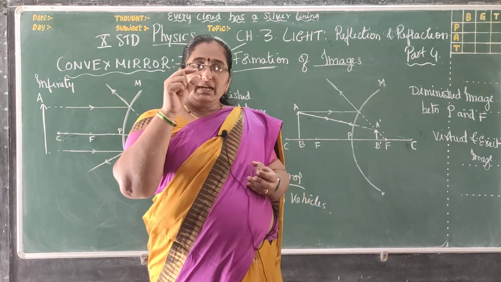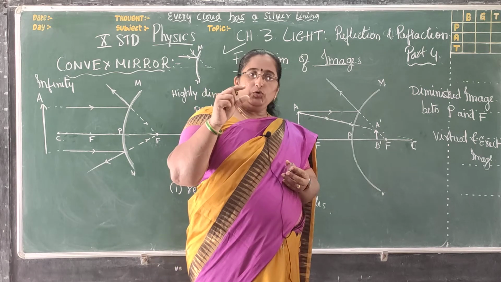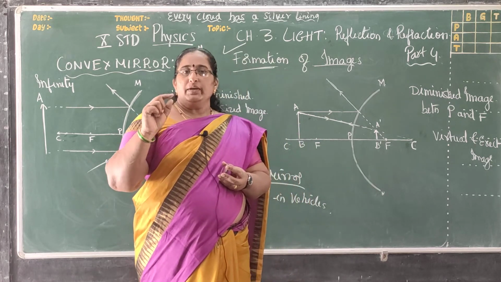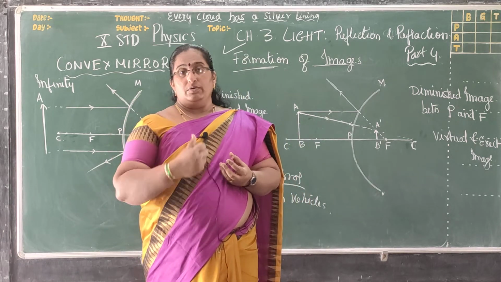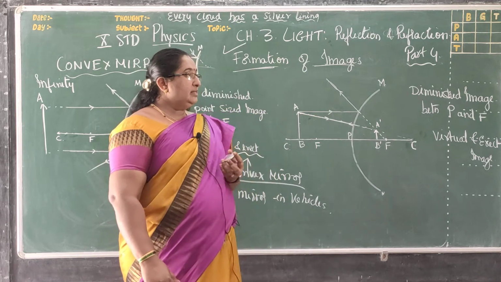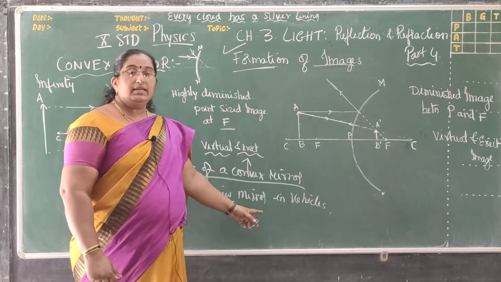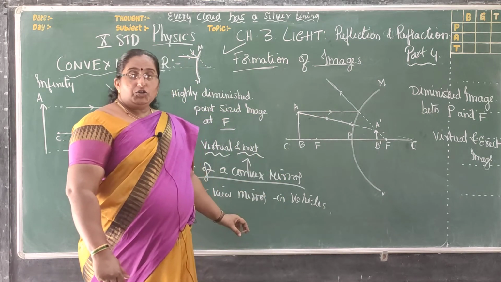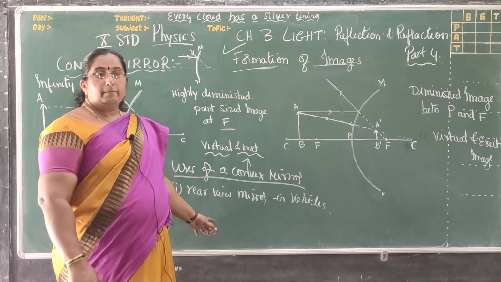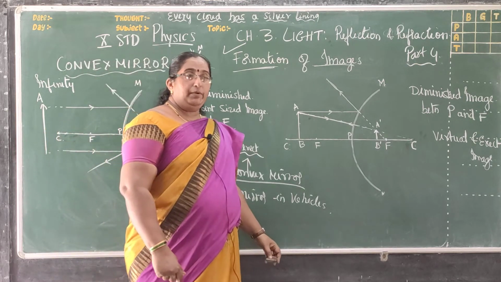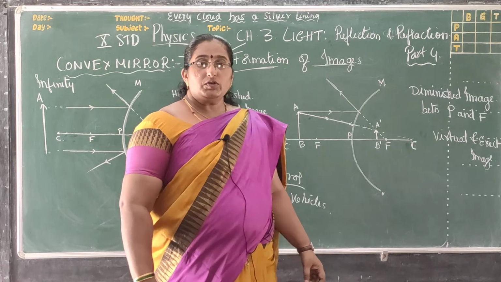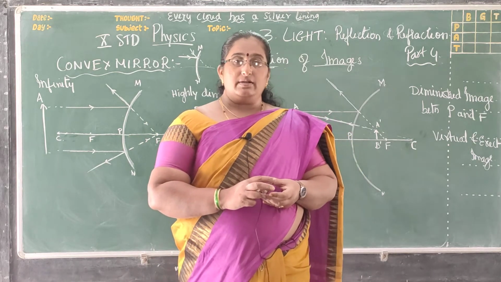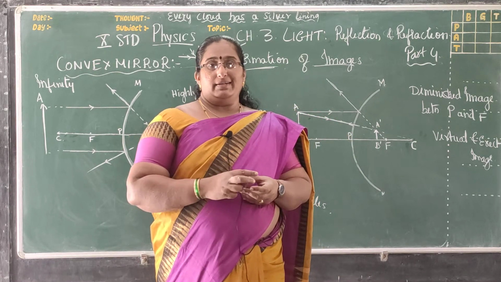Though you get a diminished image, you are getting a wider view. So convex mirrors are used as rear view mirrors in vehicles. A question will be asked: which mirror is preferred to be used as a rear view mirror in vehicles, concave or convex?